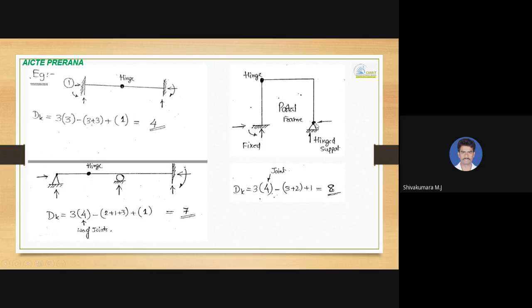So 3j is 3 into 4, minus 5, plus 1 for the internal hinge. The degree of kinematic indeterminacy is 8. Apply the same procedure for this beam also, and you will get 7 as the degree of freedom or degree of kinematic indeterminacy.